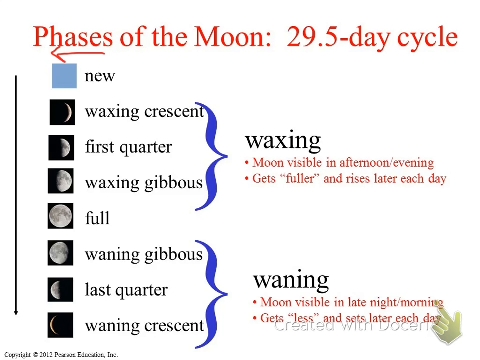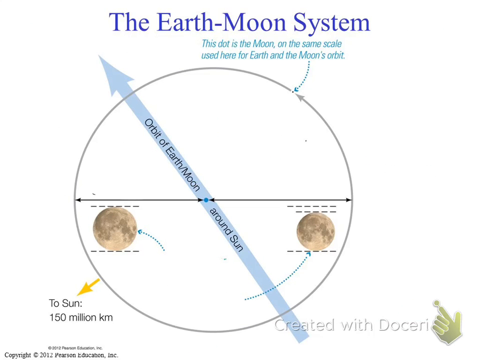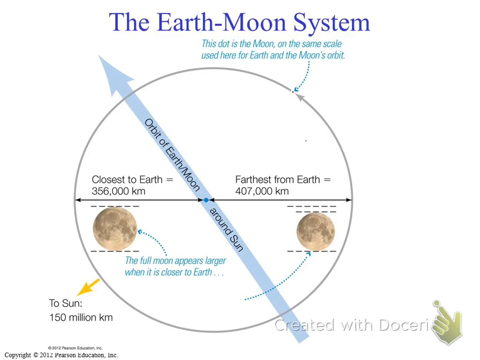Speaking of the dark part, there's one other thing I need to talk about. Before that, let me warn you that as the moon, which is the tiny dot up there, orbits the Earth, it's not a circle either. It's kind of off-center. So there are times when the moon is closer to the Earth, and we call that perigee.